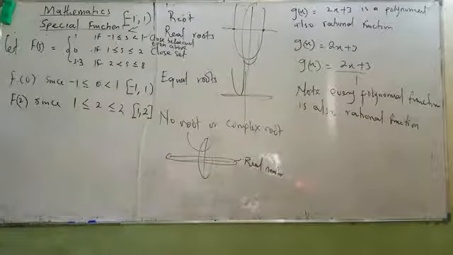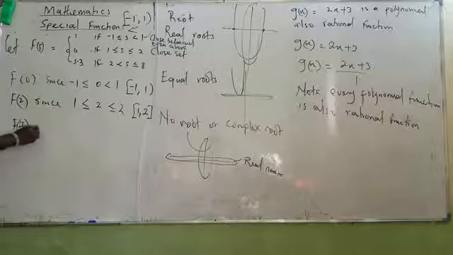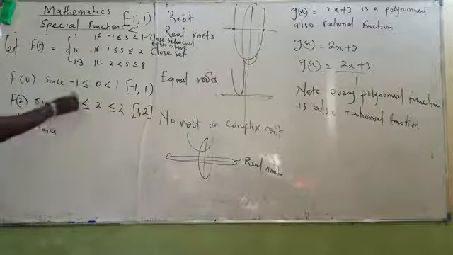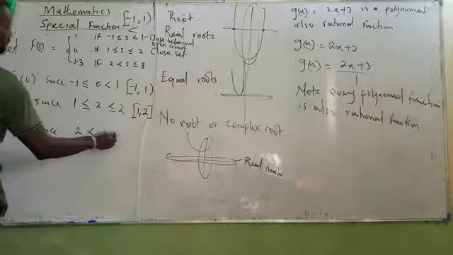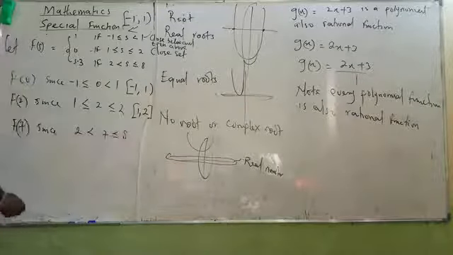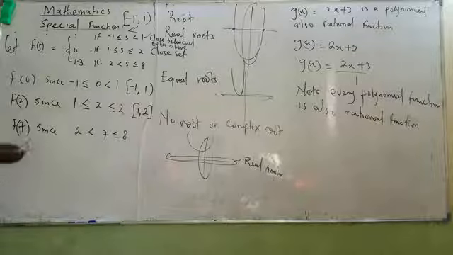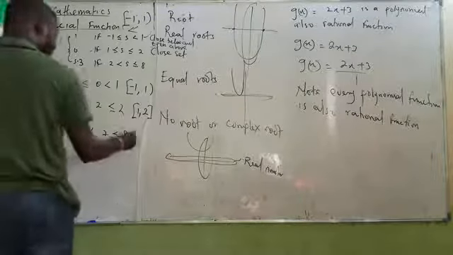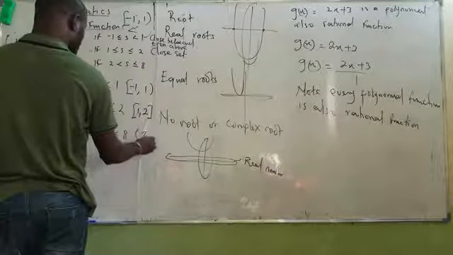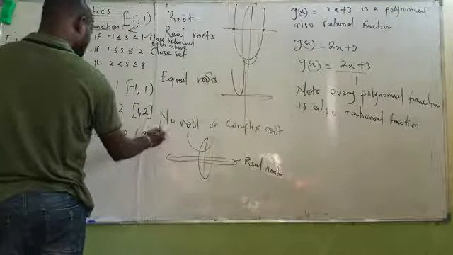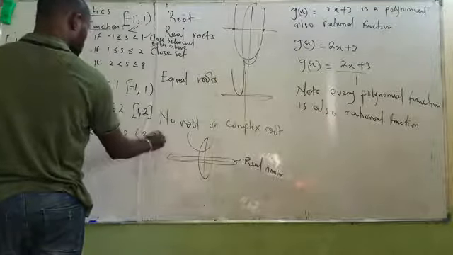And also, when I have minus 7, this will surely give me minus 7, since we are talking about 2 less than 7 less than or equal to 8. It means the numbers will be open like this, which is going to be 2 and 8.